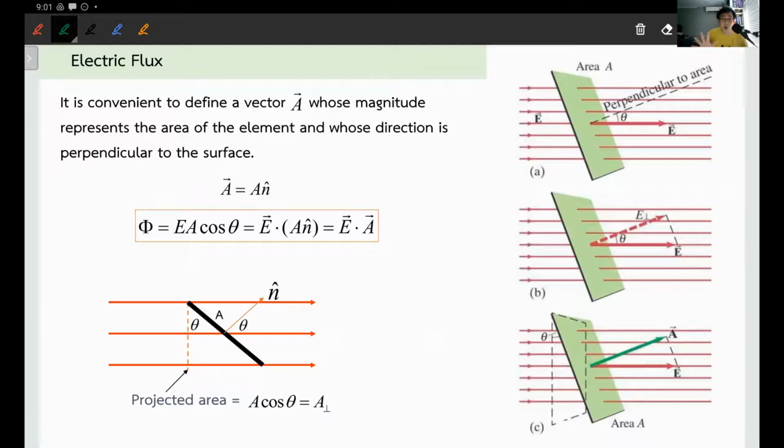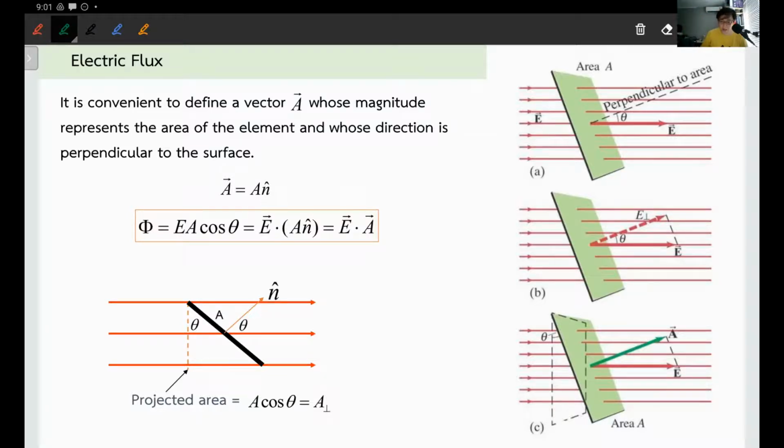Now we kind of get it: every time you see a surface, you can calculate the area of that surface. You can now draw a vector perpendicular to that surface that will represent that surface in the vector fashion. So that's sort of the overview of what we are doing.